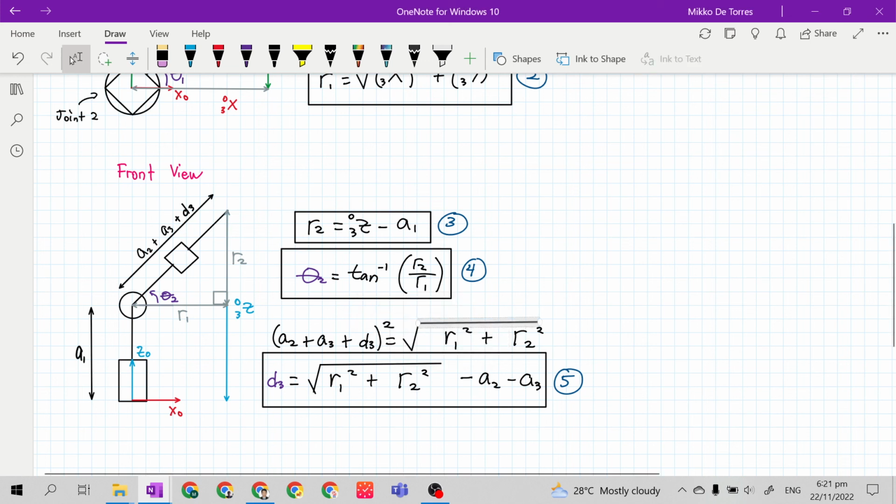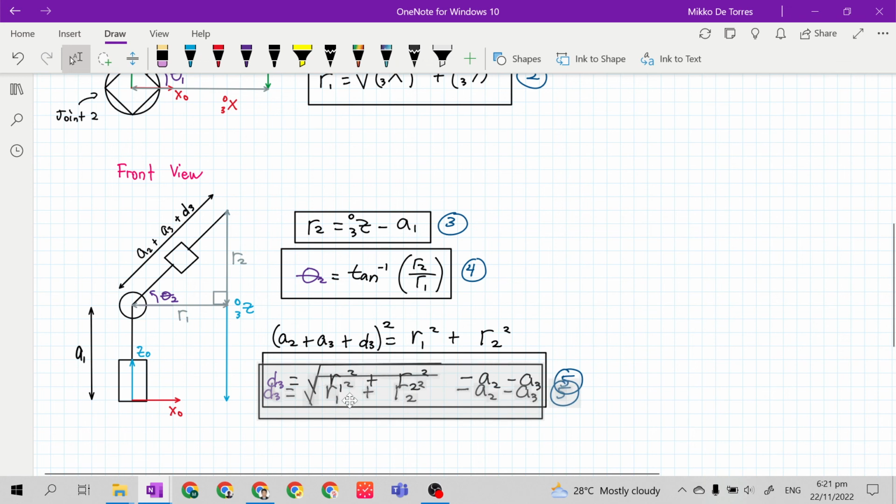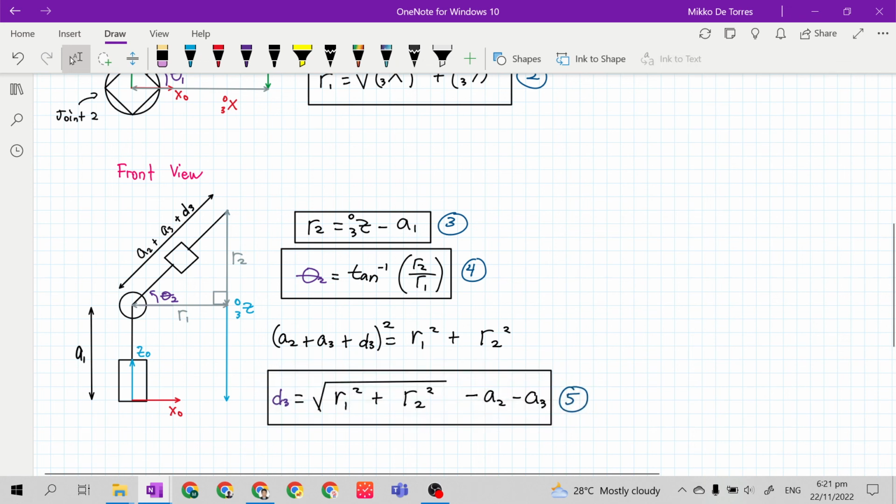Then square root both sides, not square both sides, so that we can apply the rules of algebra to subtract both sides by a2 and a3.